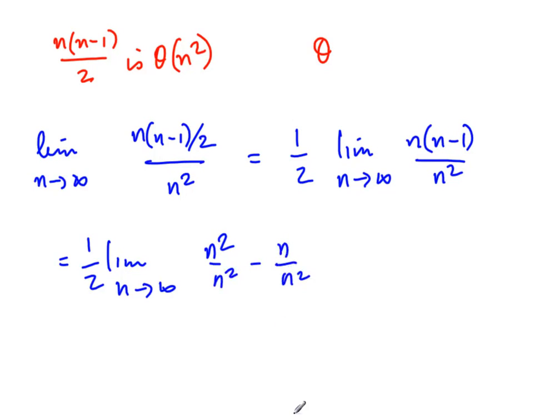So this cancels. So this is 1 and this is 1 by n. So I have limit n tends to infinity of 1 minus 1 by n. 1 by n tends to 0 as n tends to infinity. So this goes to half. And so this is some constant c greater than 0 which is finite, and therefore this establishes that the two functions are of the same order of magnitude.